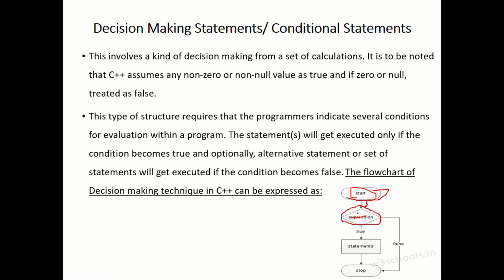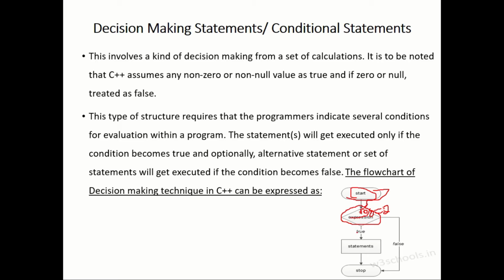For example, if at this line of code, x modulo 2 equals 0, it implies the value of x is even.